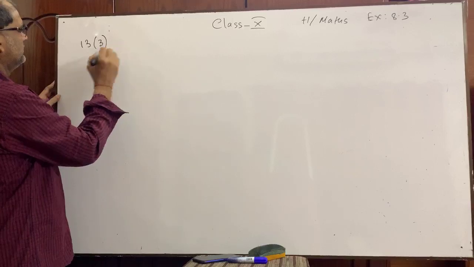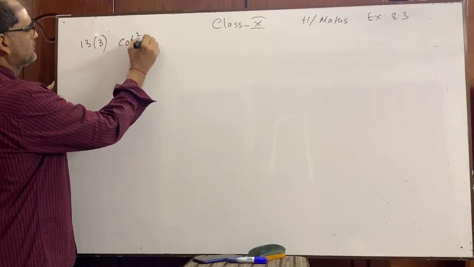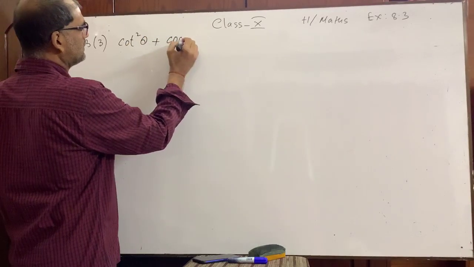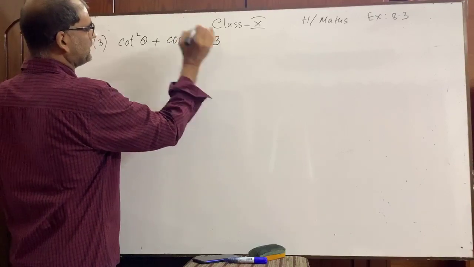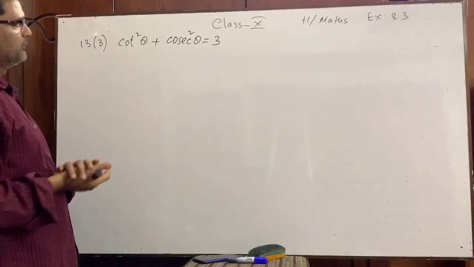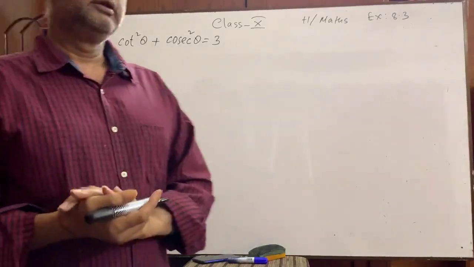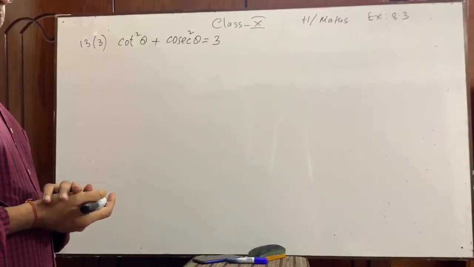Cot square theta plus cosec square theta is equal to 3. This is the math, okay? We have to find the value from 0 to 2 pi. Okay, the range is given here as 0 to 2 pi.